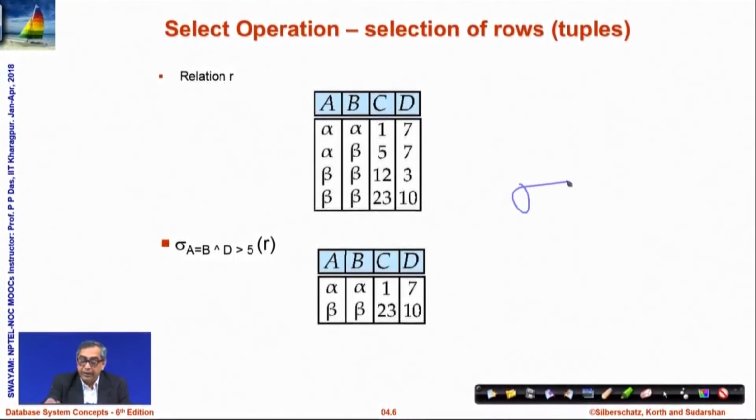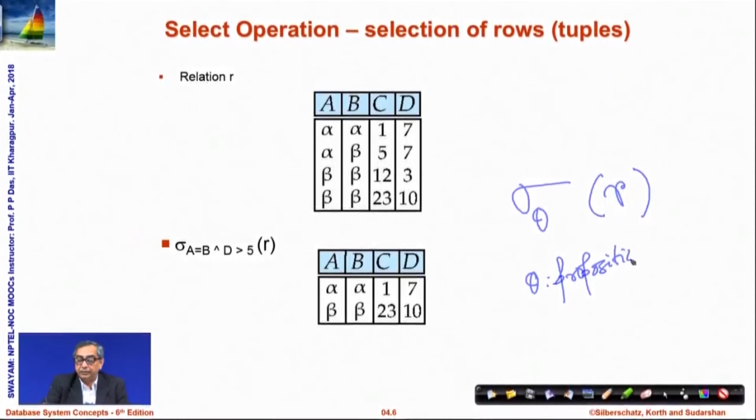In relational algebra we write it with the notation sigma, and following a parenthesis we put the name of the relation. So, we are selecting from the relation R, and then we put a condition here, which is a propositional condition.